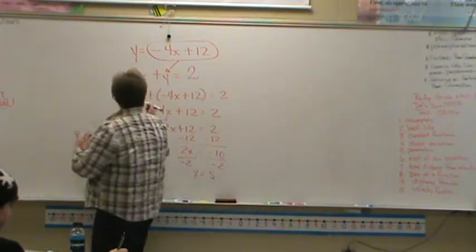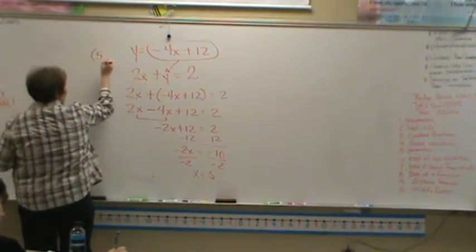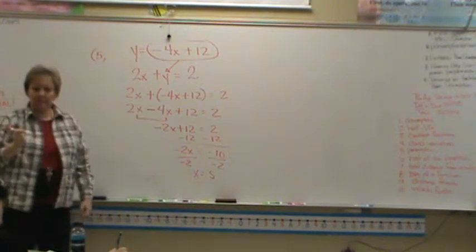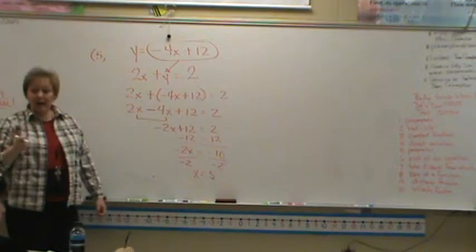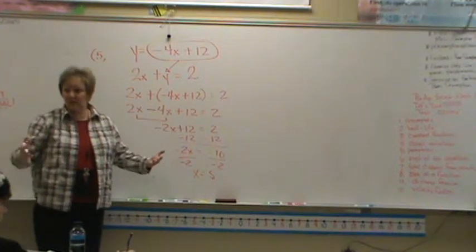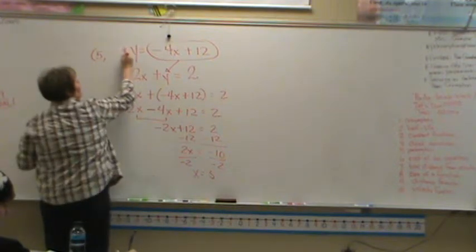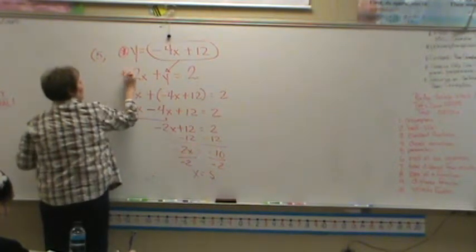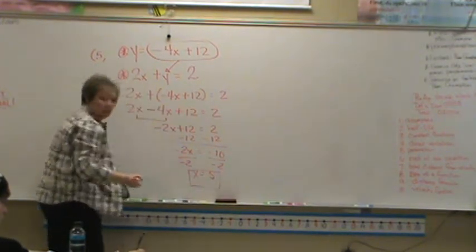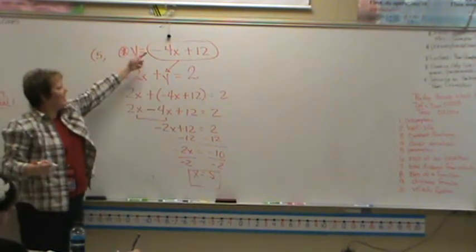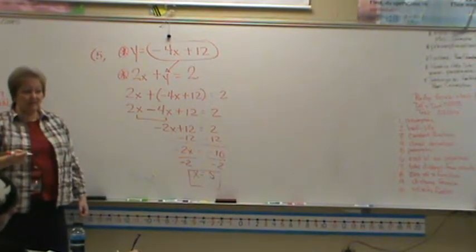We know that the ordered pair that makes this equation true is 5, something. It does not matter. It's like Burger King. You can have it your way. You choose this equation or this equation. You know what x equals, so replace x in one of these equations to figure out what y is.